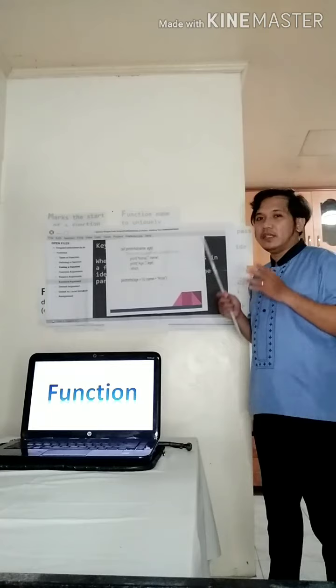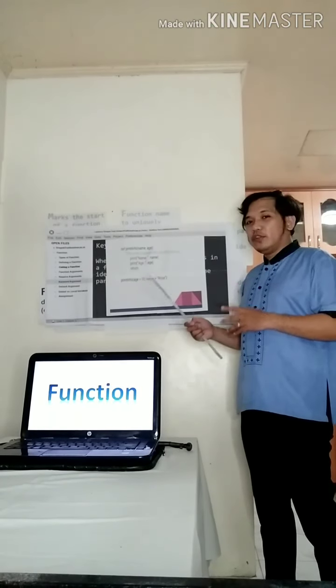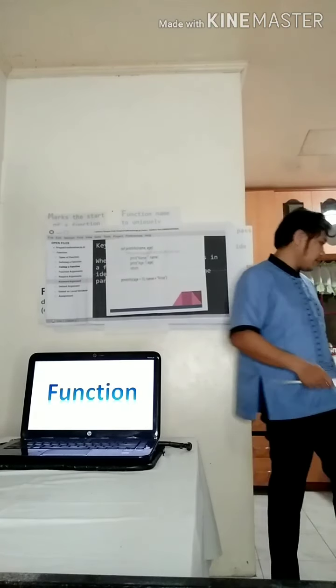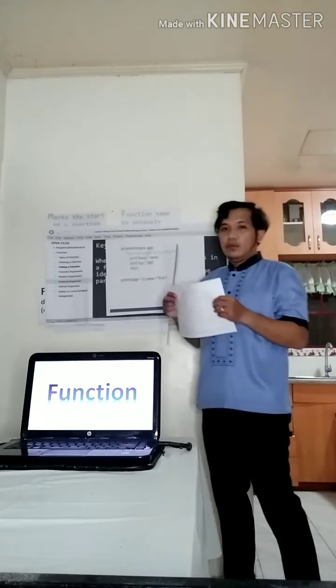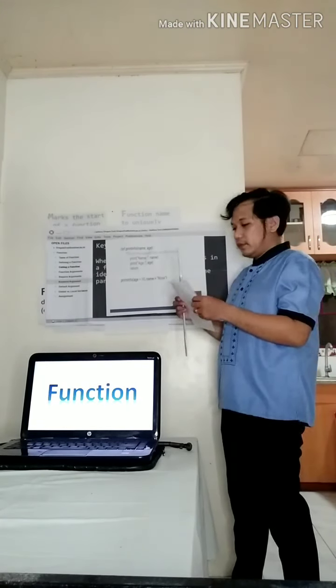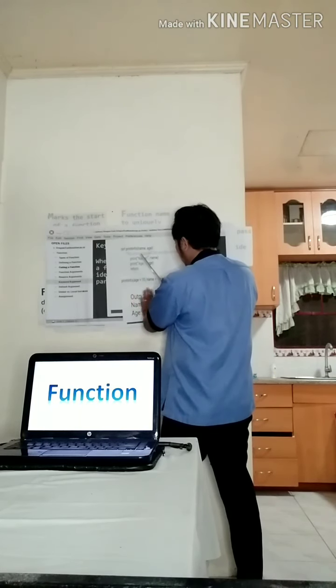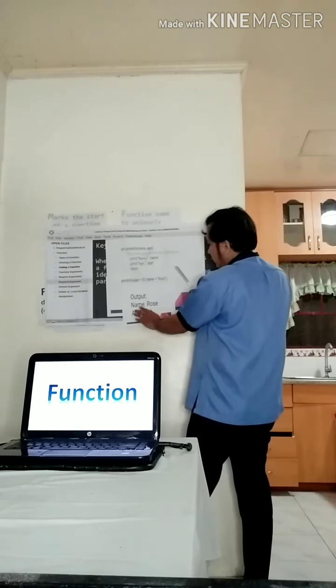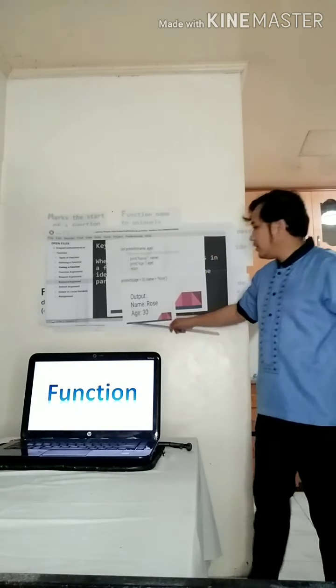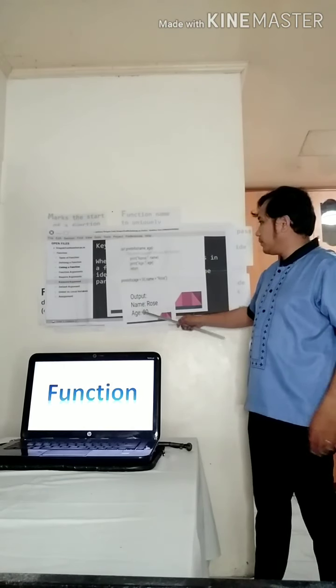Okay, let's see what's the output of this function. So the output of this function is name, rows, and then age 30.